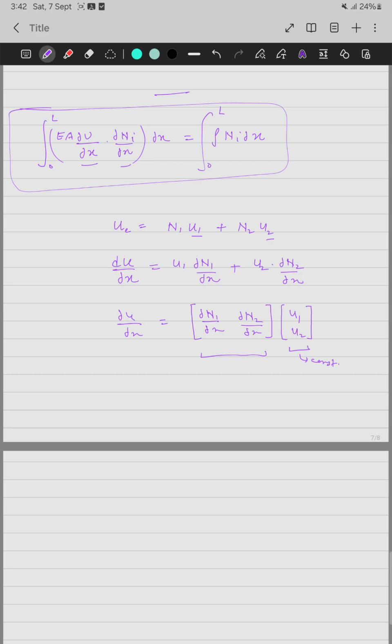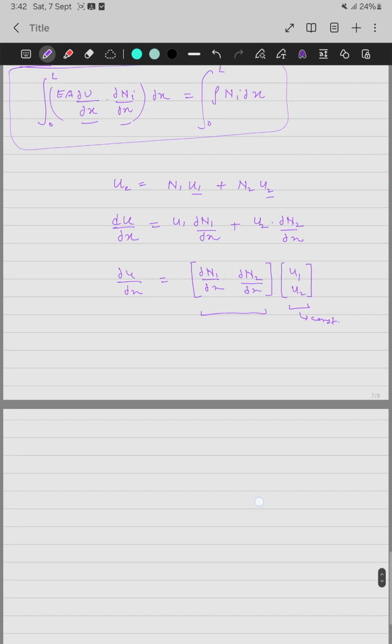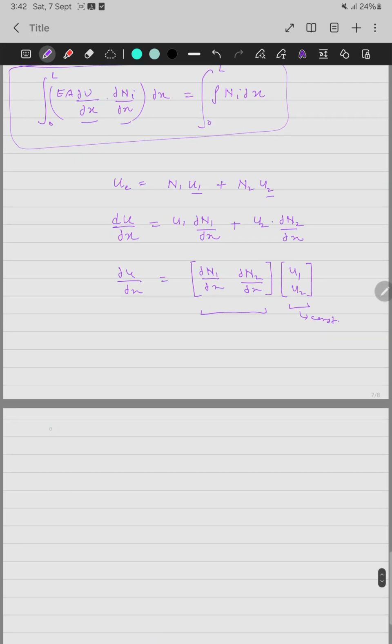Now what we'll do next is we will put the del u by del x in this above equation. So let's see what we'll get. It will be 0 to L, EA times del u. So del u we can write as del N1 by del x, del N2 by del x, times u1 u2.